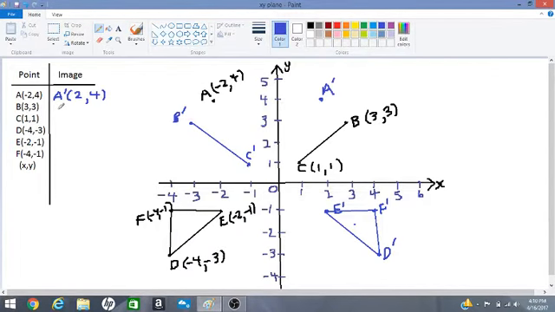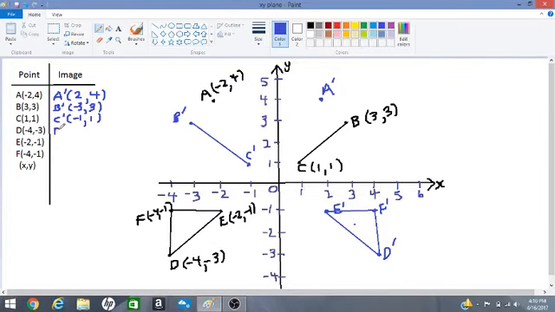The image of B was B prime. Coordinates of B prime, -3, 3. C prime is -1, 1.